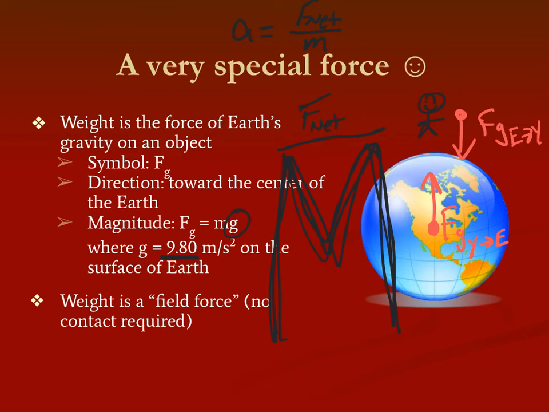That 9.8 meters per second squared comes from the force of gravity acting on an object. The force of gravity is directly related to the mass. So what that means is if the mass of an object doubles, the force doubles.